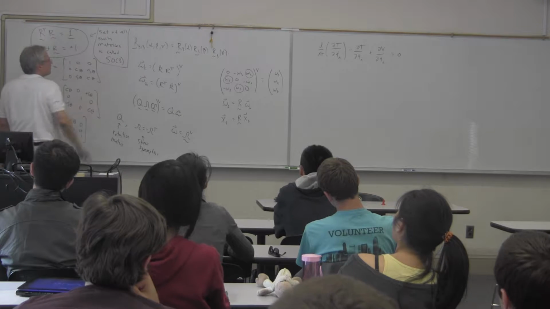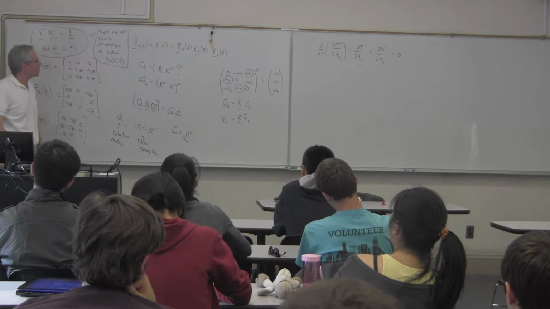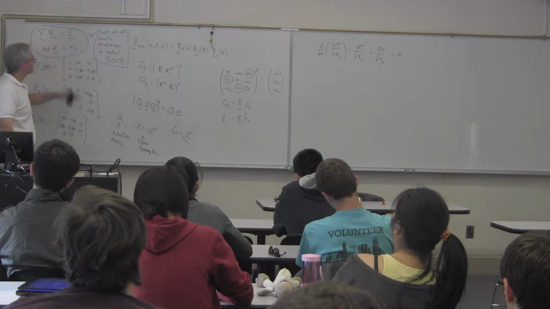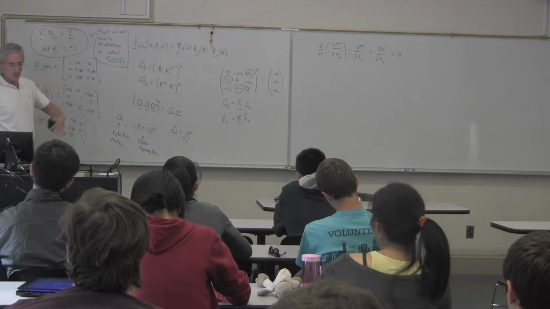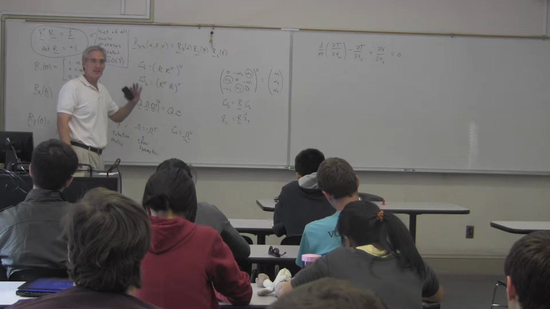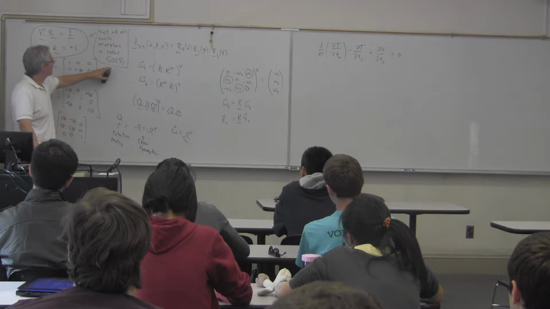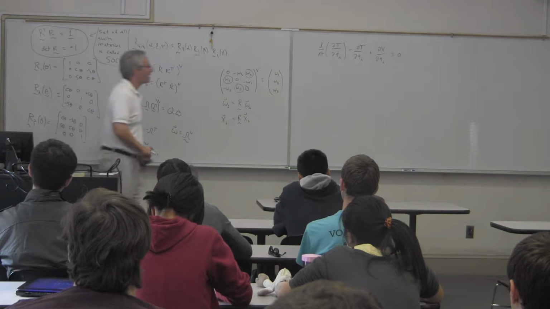So I'm just going to talk a little bit about this terminology. We're not going to need it very much in this class, but it's sort of cultural background that we're going to talk about with regard to this name.